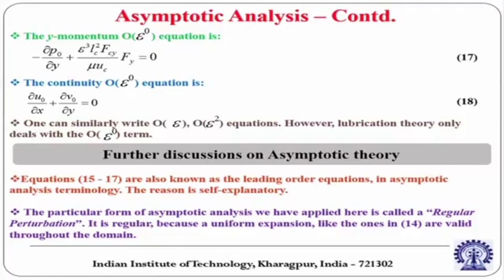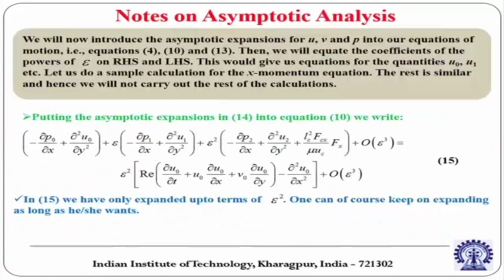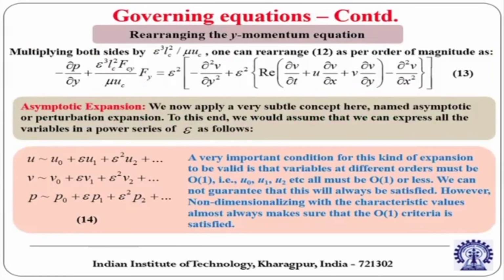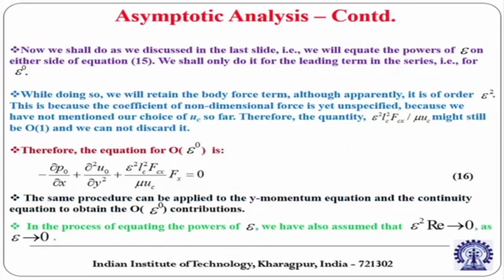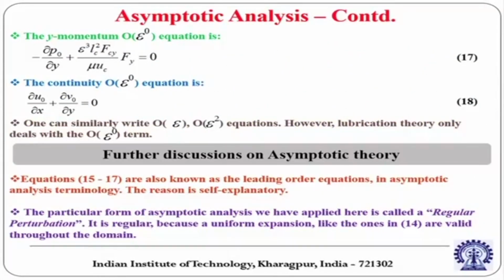It is regular because it is a uniform expansion like the one in equation number 14. This kind of expansion is valid throughout the domain. I will give you some example where it cannot be ensured that this kind of expansion is applicable throughout the domain.